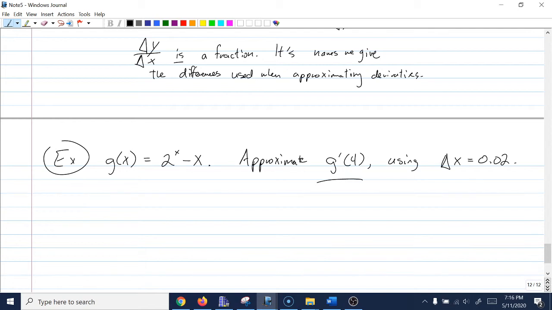They're telling us to pick our number very close to 4 so that the distance between the new one and the old one is exactly 0.02. What number should I pick so that the new number is 0.02 away from the old number? Well, use 4.02 as your really close number.